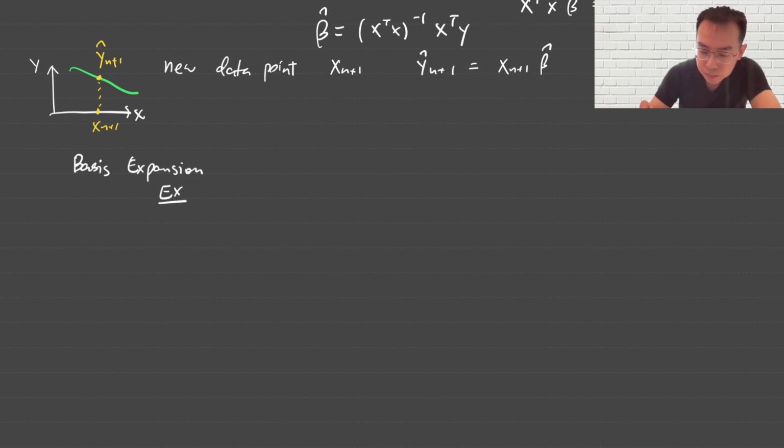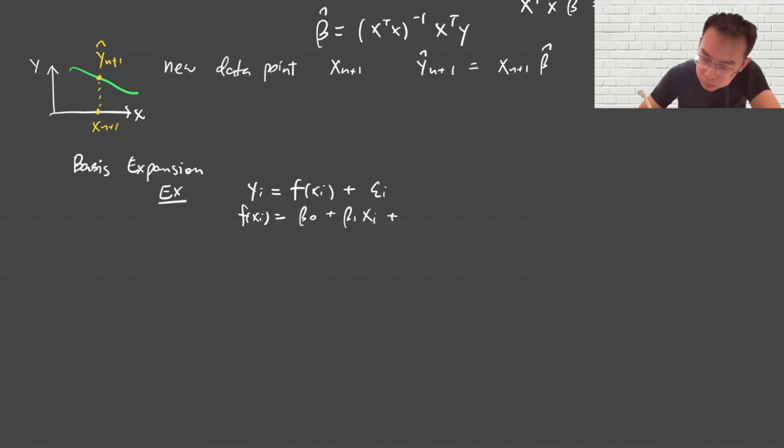Let's say that our xi and yi have a quadratic relationship, yi equals f of xi plus epsilon i, and f of xi equals beta 0 plus beta 1 xi plus beta 2 xi squared. So that's a quadratic function.